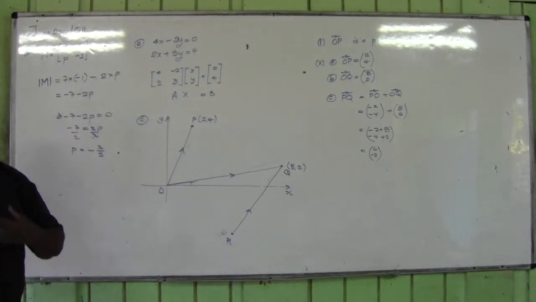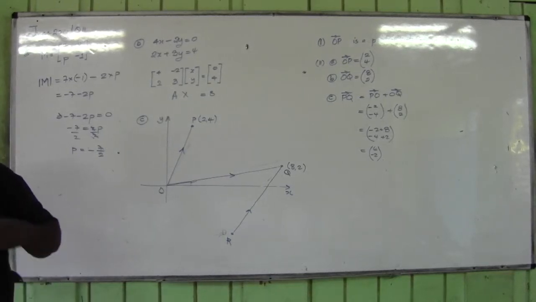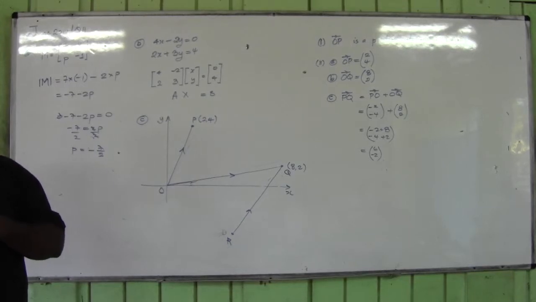Here's what we know. Remember we said that the position vector and the coordinate have the same value. So if someone asks me to find the coordinate, I can easily find the position vector.